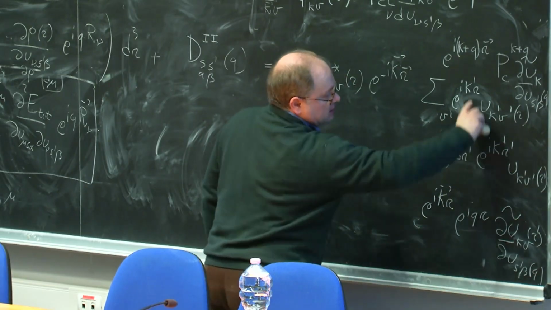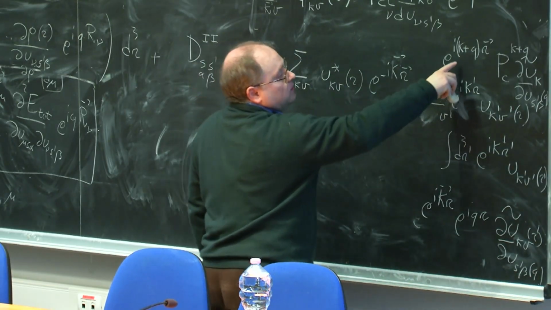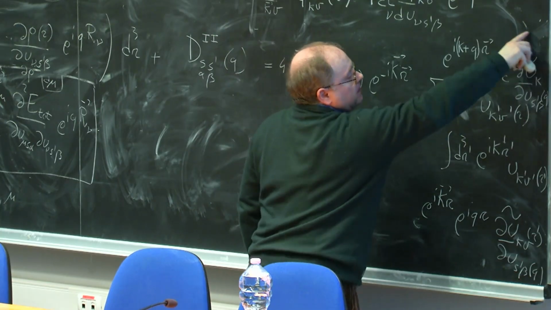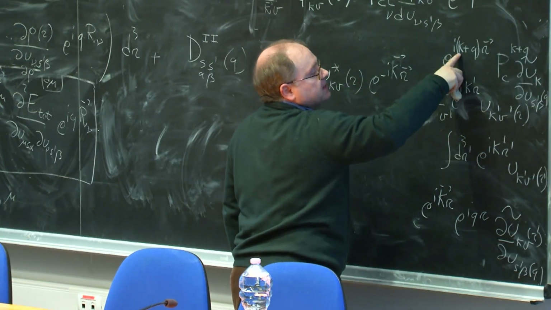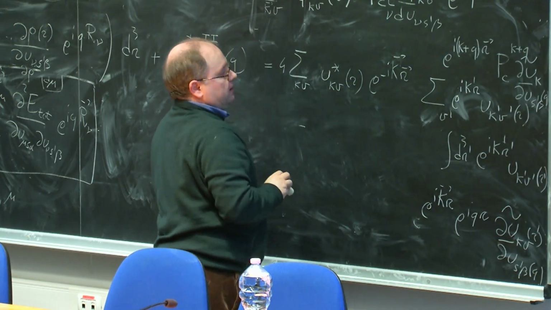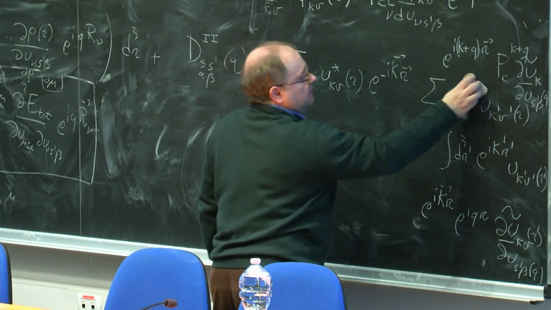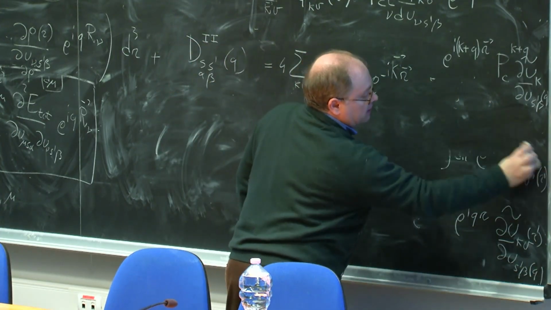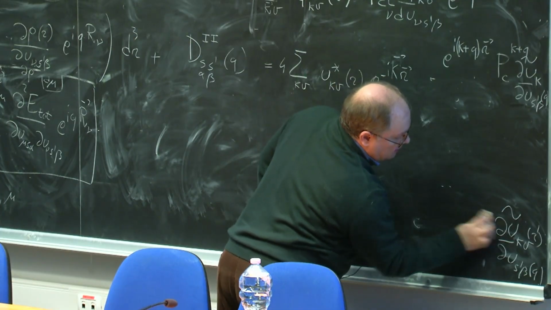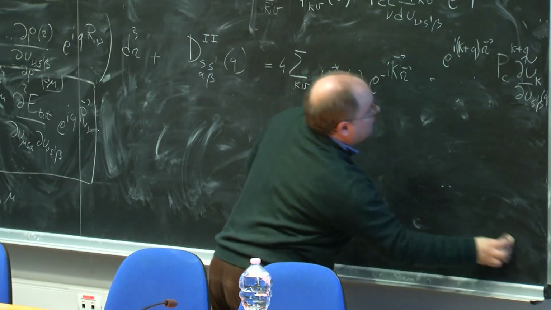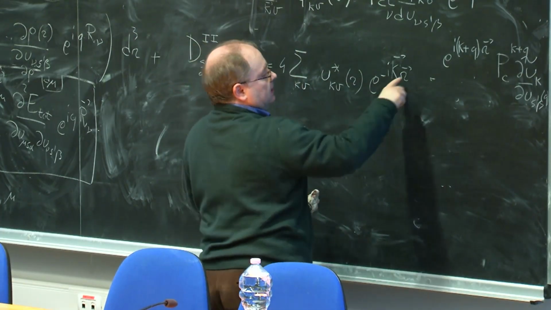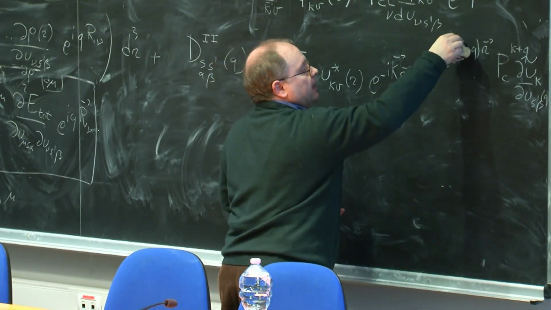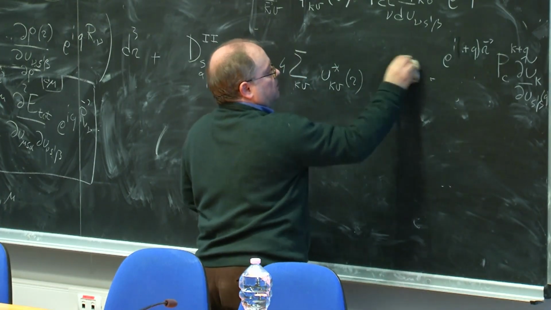All this object will have a phase and a periodic part: the phase K plus Q R. This phase K plus Q R will cancel with this e to the i K R, just the K will cancel with this.